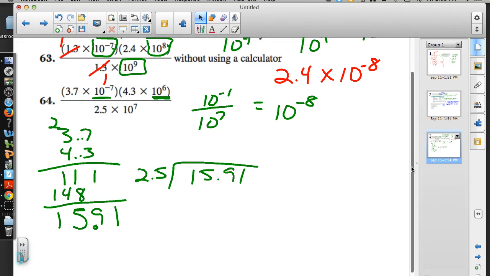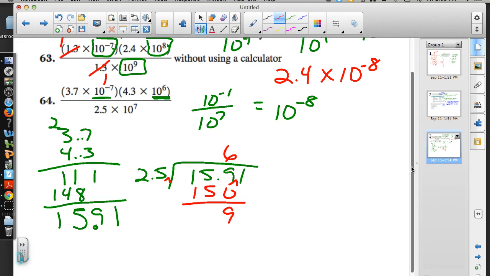The first thing you would do is move your decimal place over one position, and then you'd think 25 into 159. That goes in 6 times for 150. Bring down, have the 9 that we do the subtraction for, and bring down the 1. 25 will go into 91 3 times, because that will be 75. You do your subtraction and you get 16. And then of course we bring down a 0.